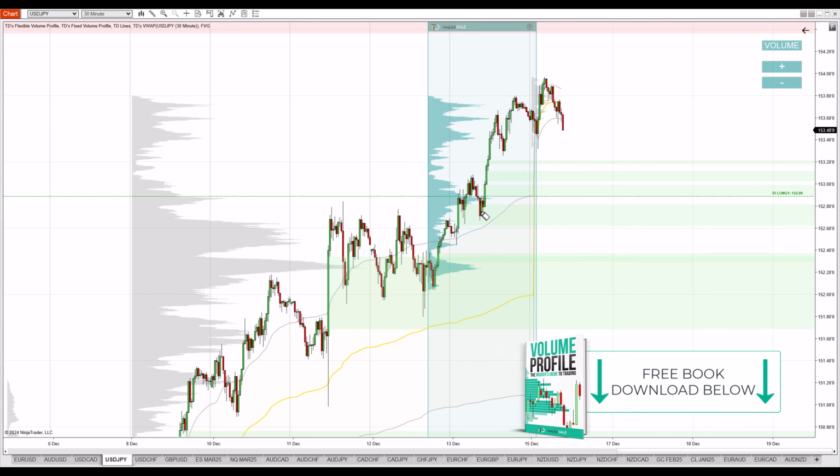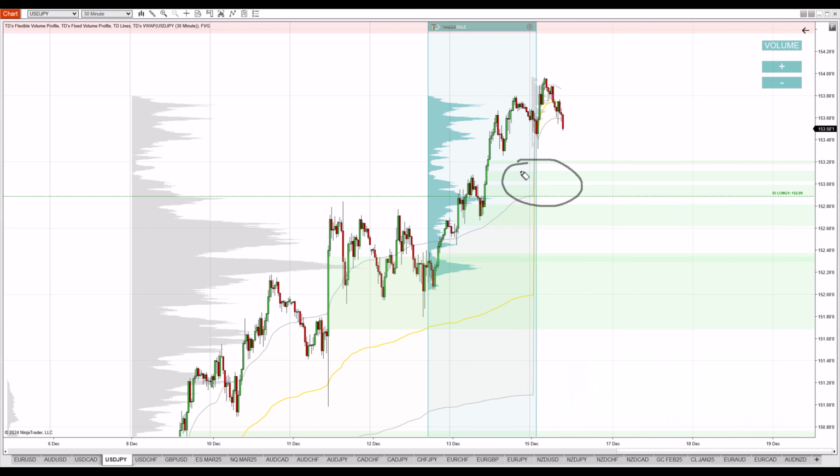Now, there are also a couple of confluences here. If you look at this indicator, which highlights those fair value gaps here in green, then you can see that this is the beginning of a fair value gap right here. There are actually two fair value gaps on top of each other, this one and this one. I look at it as if this was one big fair value gap, and the level which I have is at the beginning of that fair value gap.